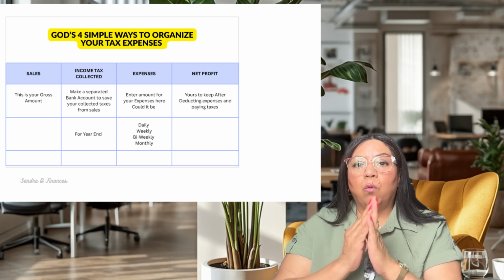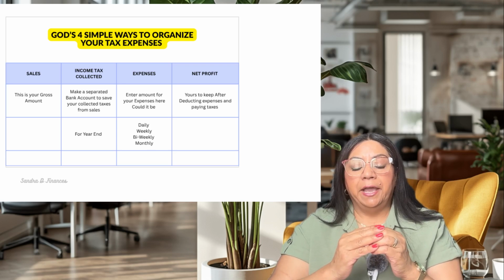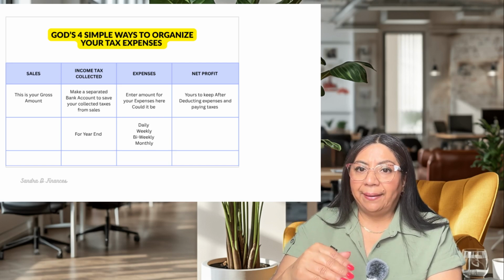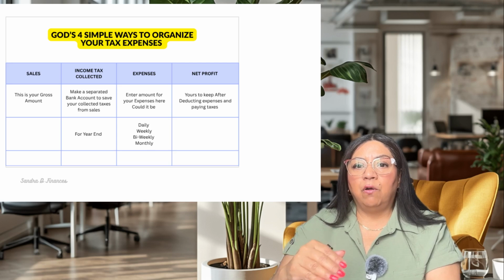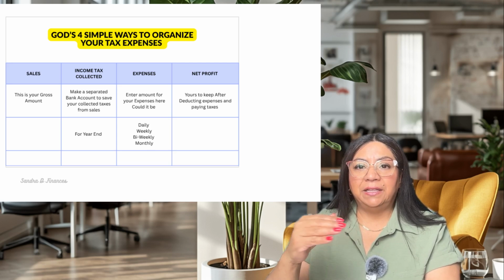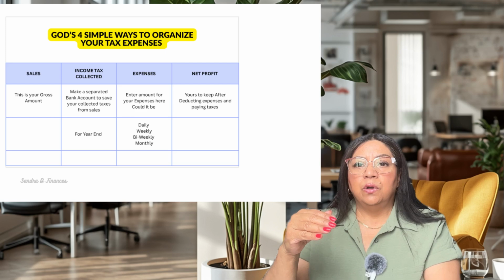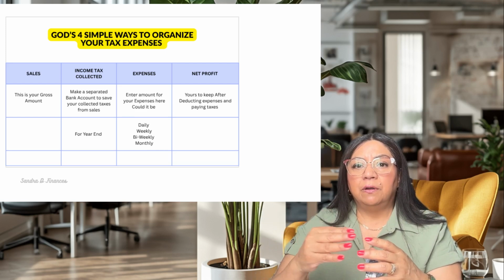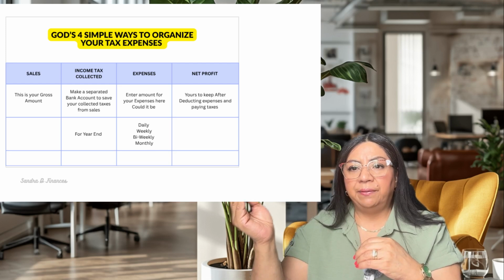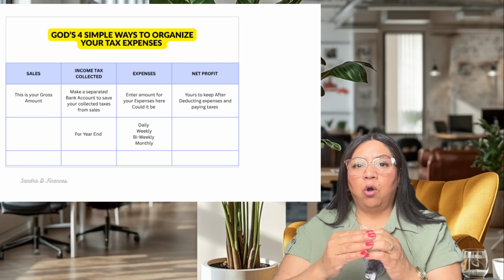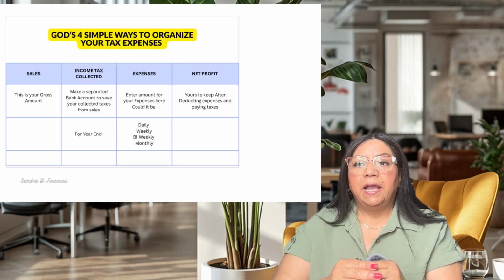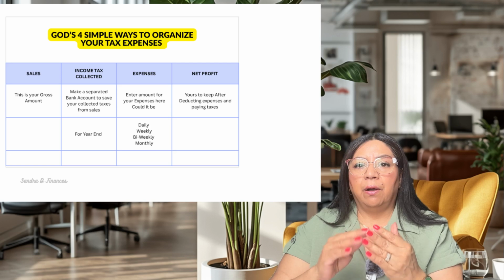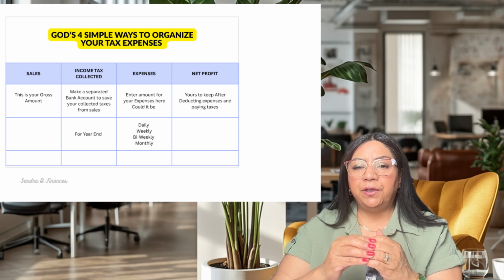But then what you can do is make another account or open a bank account. If you don't want to be in trouble at the end of the year, because we tend to mix everything up, and then you think you have enough to pay taxes, then do this: open up a bank account, and every day, every week, month, whatever is more comfortable for you.